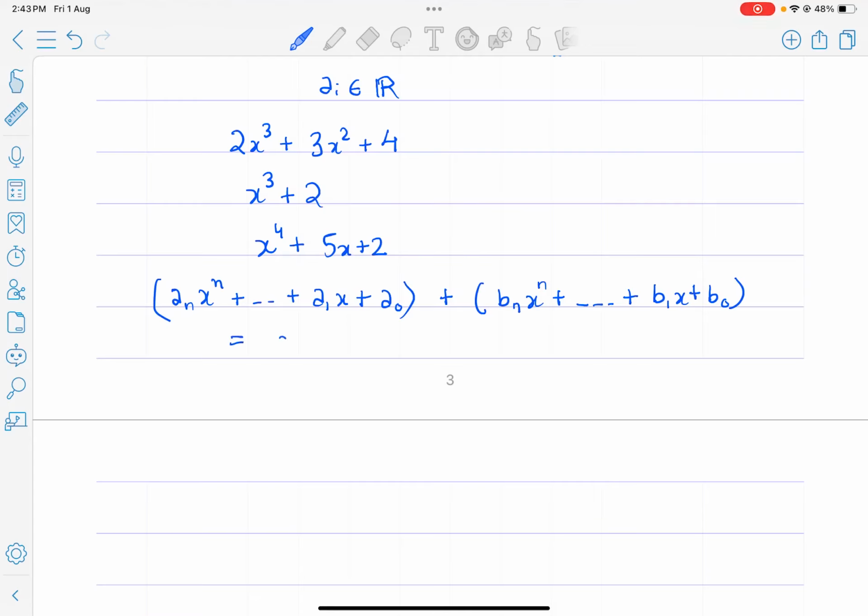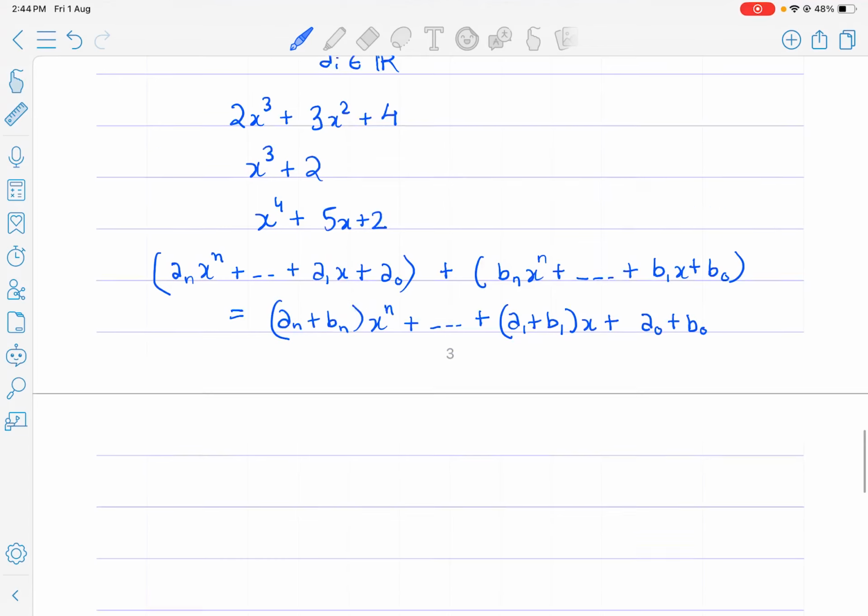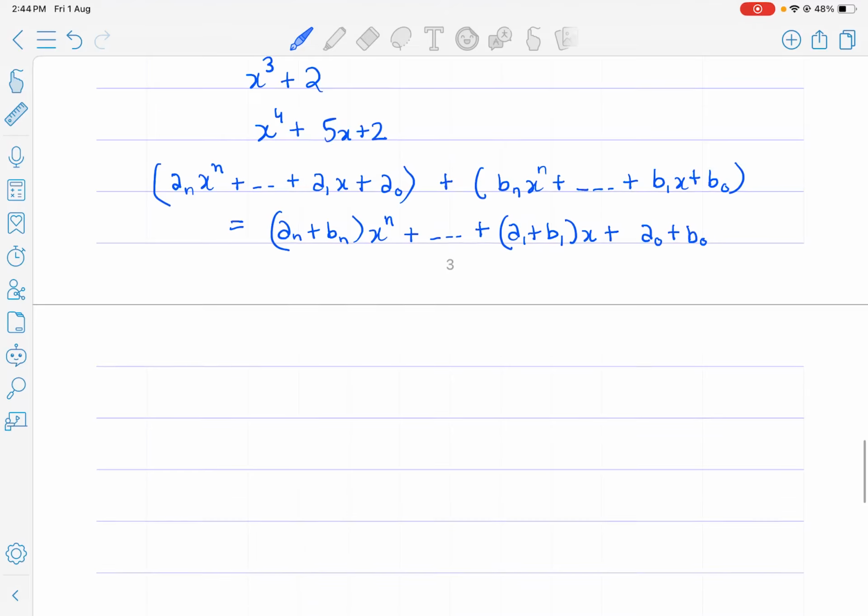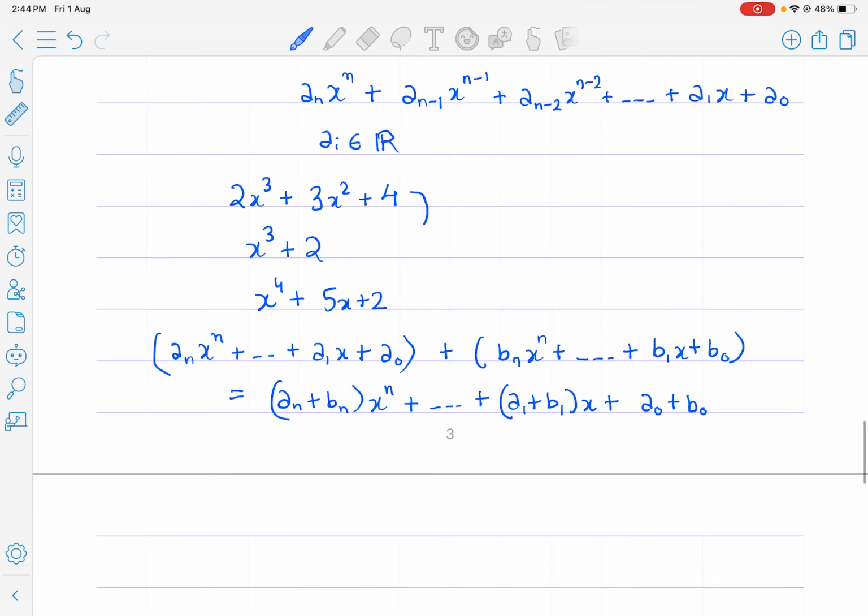Then if you add, you will get (a_n plus b_n) x^n, and so on, (a_1 plus b_1) x. You add coordinate-wise. You add the coefficients of x^n together, you add the coefficients of x^{n-1} together, and so forth.